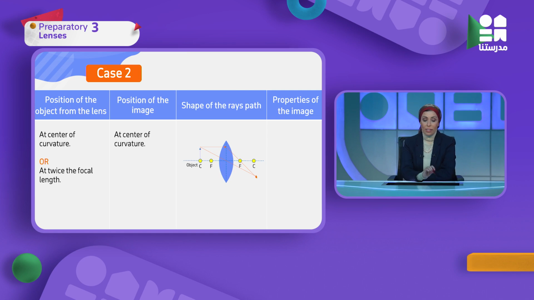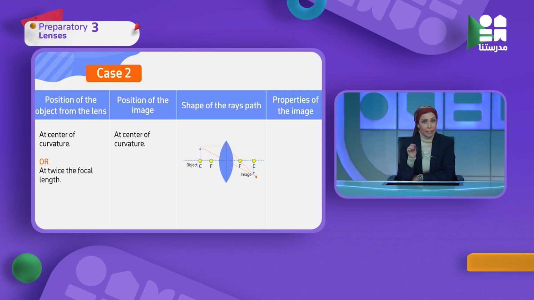Here, can you tell me where the image is? At the intersection. Look at the image, where? On C, on the same C but on the other side. Okay, so the position of the image is on the center of curvature. Now what are the properties of the image? Let's say them together.